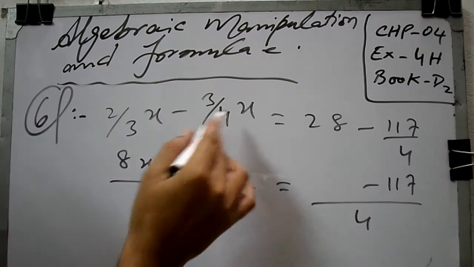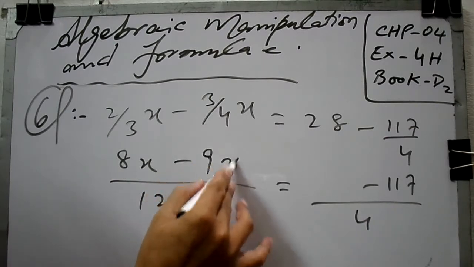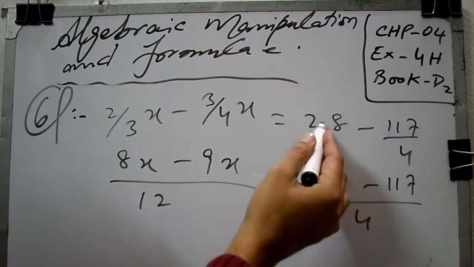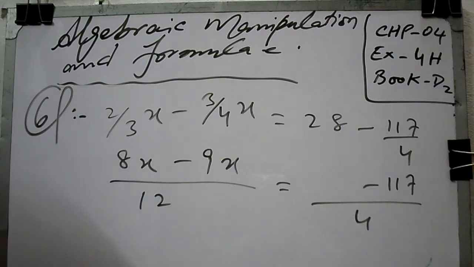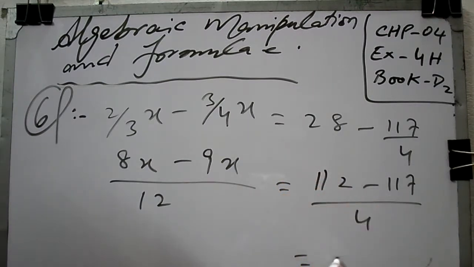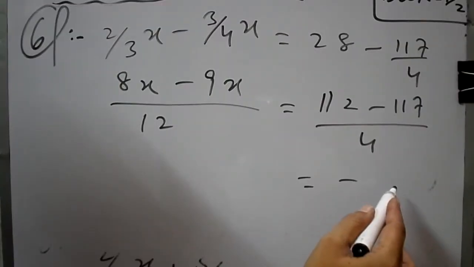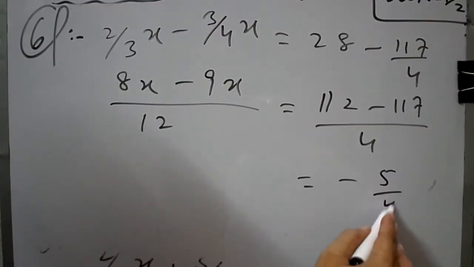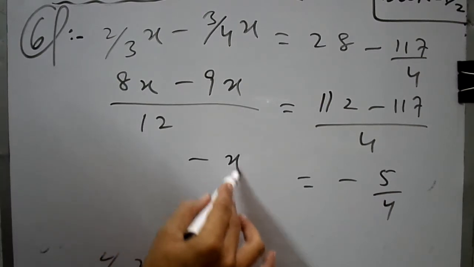You will get 4 3s are 12, 3 3s are 9x. 28 multiplied by 4 you will get 112, so subtract it, minus 5 by 4, and here minus x by 12.